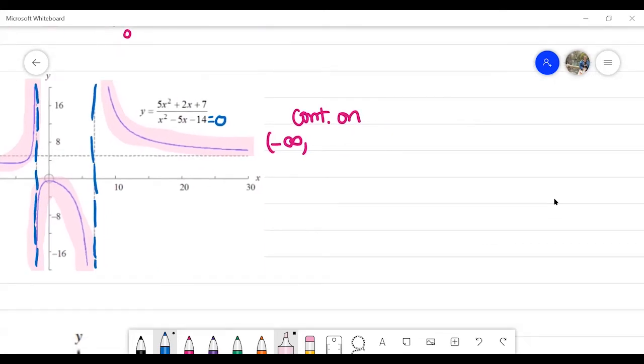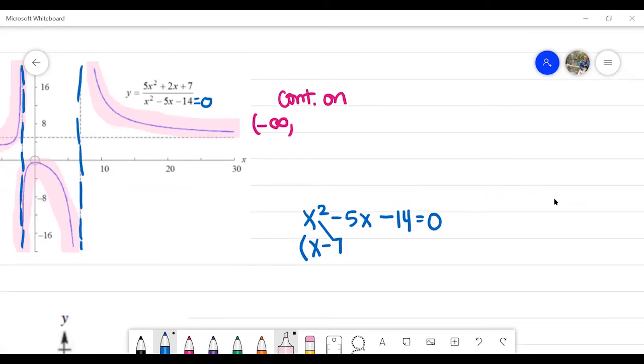So if we take x squared minus 5x minus 14 and set that equal to 0, this does factor. I see x minus 7 and x plus 2, which means x is equal to 7.